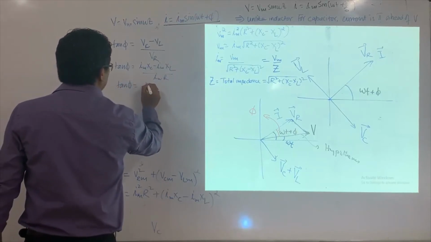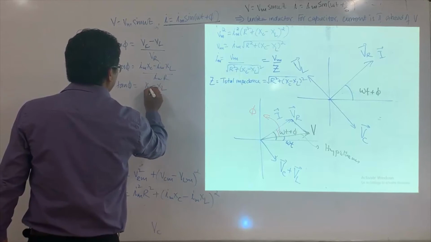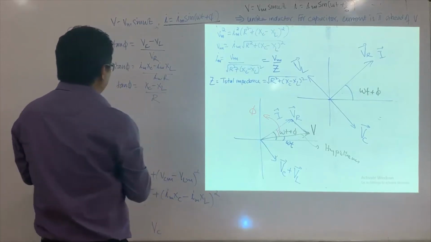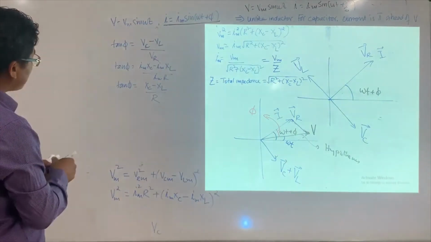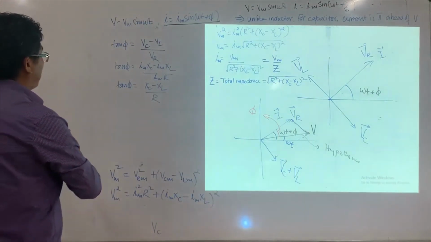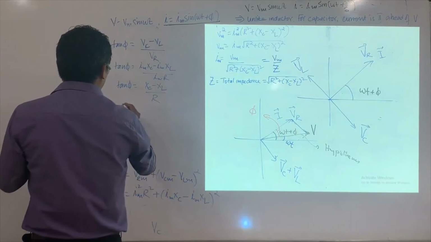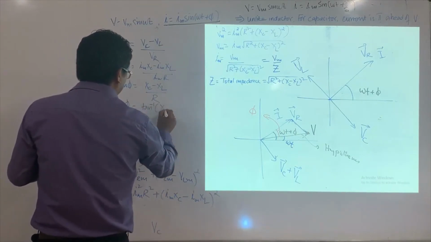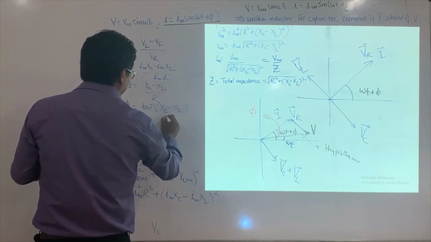Finally we get XC minus XL divided by R, and this is what we call the impedance diagram, right? So therefore we got phi. The value of phi is given by XC minus XL divided by R.